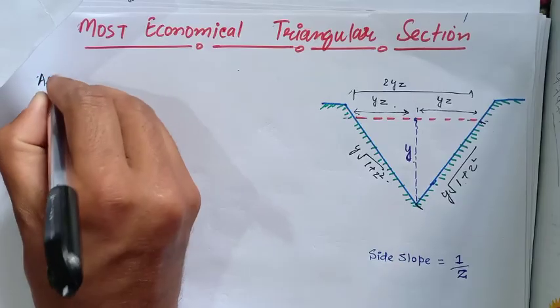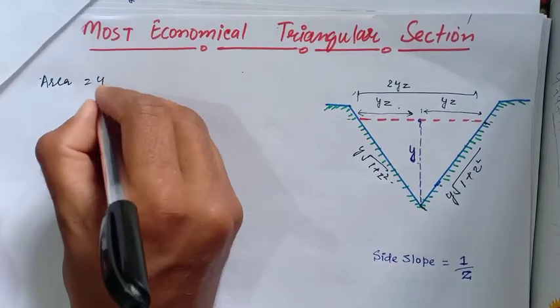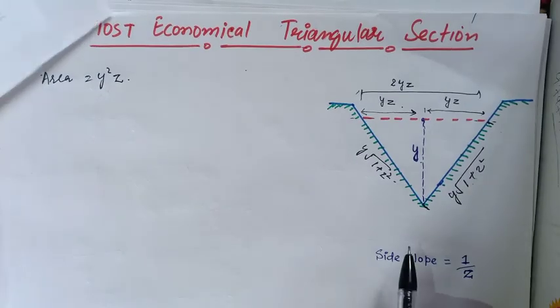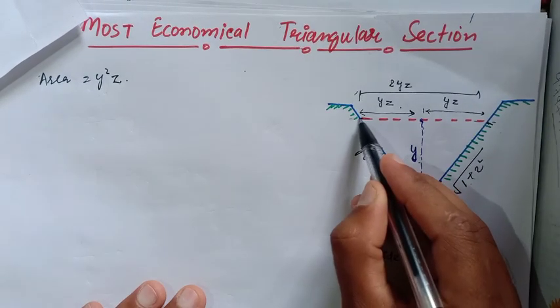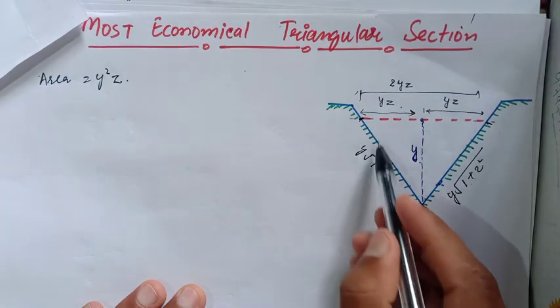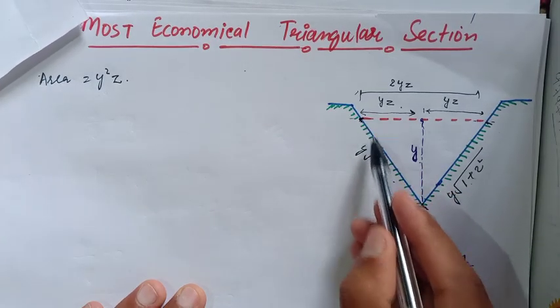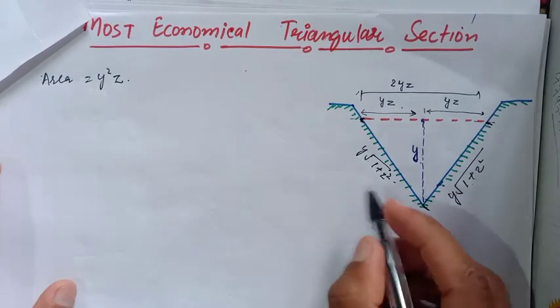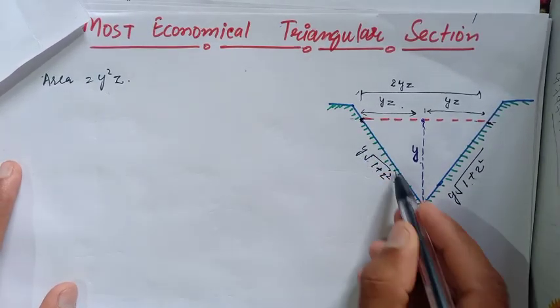So area is equal to y square z. Now we have to find out the wetted perimeter. Here is the water level. The wetted perimeter will be from here to here, and from here to here, so the wetted perimeter will be twice this.